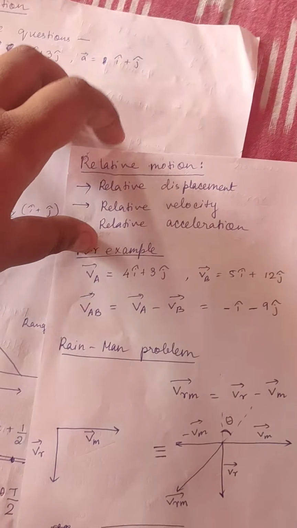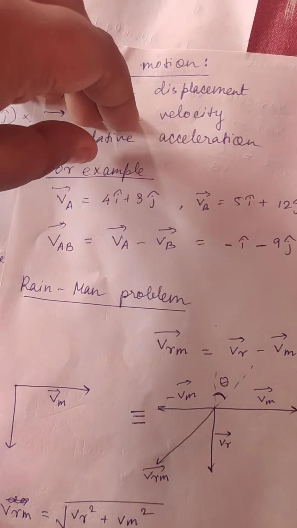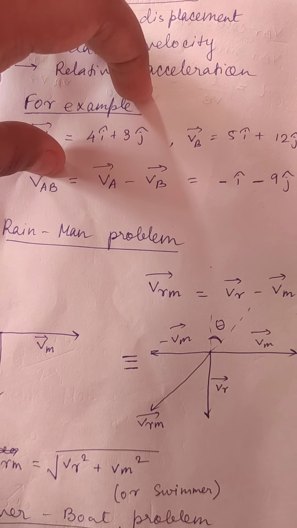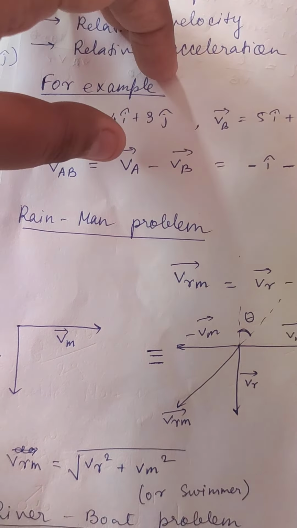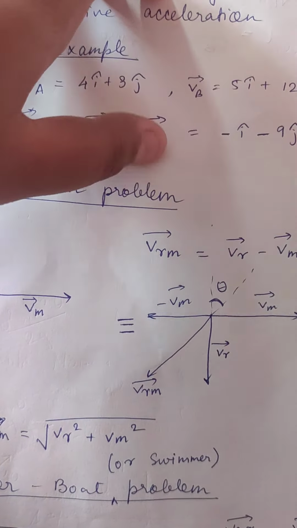After the phrase with respect to, the body we name, that is B, is deducted from A. Can you understand? Velocity of A with respect to B is VA minus VB.